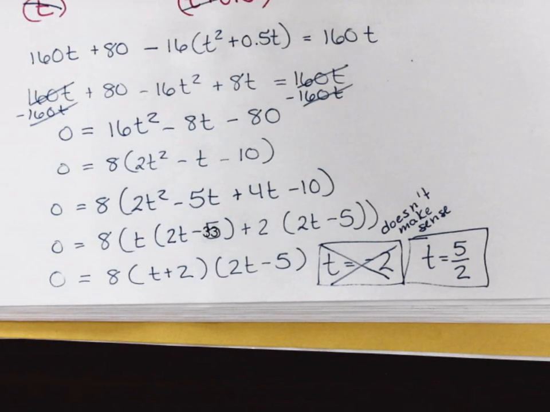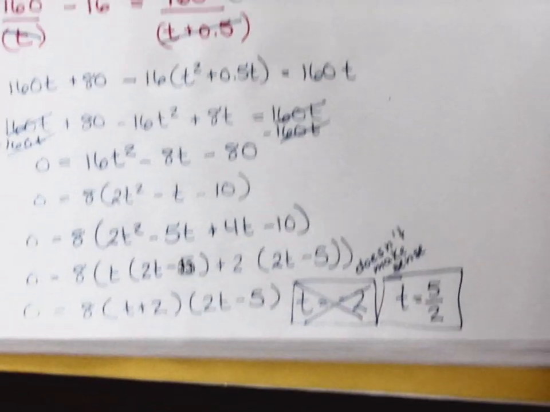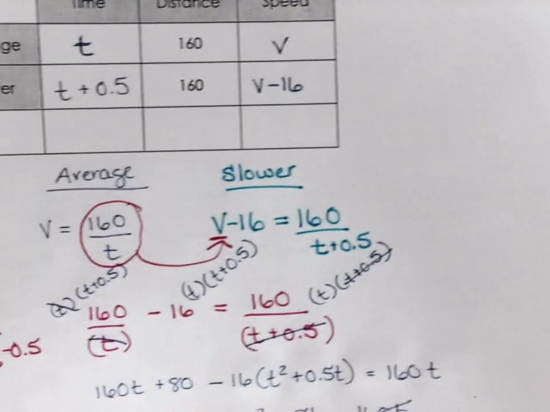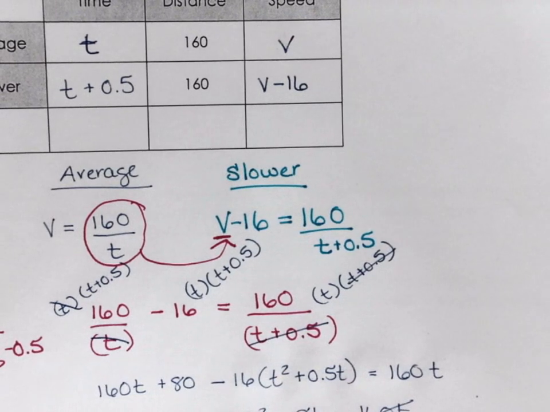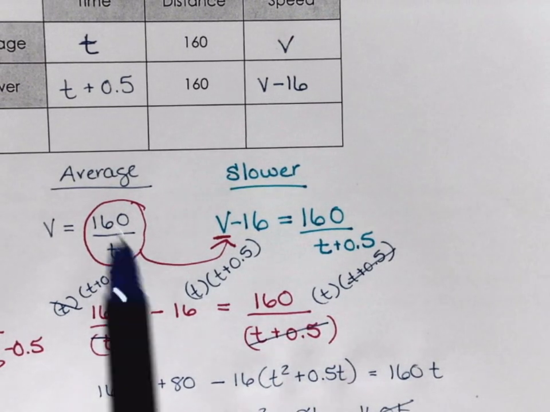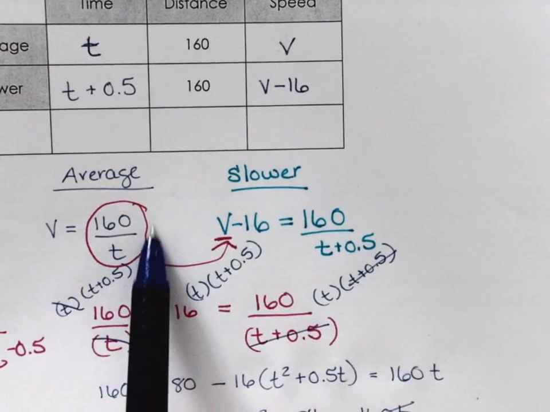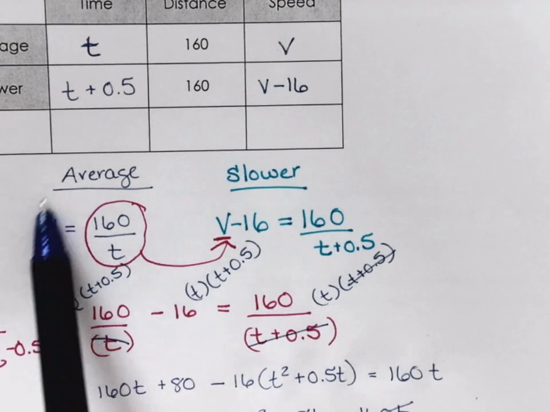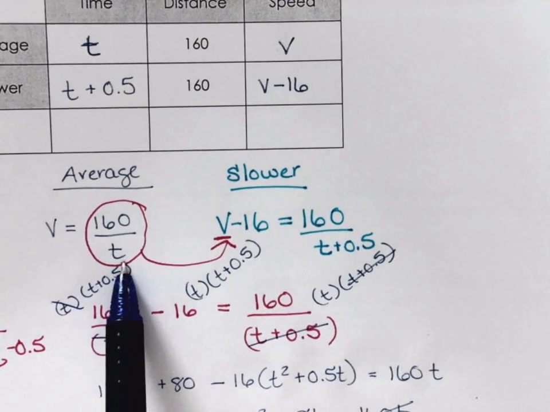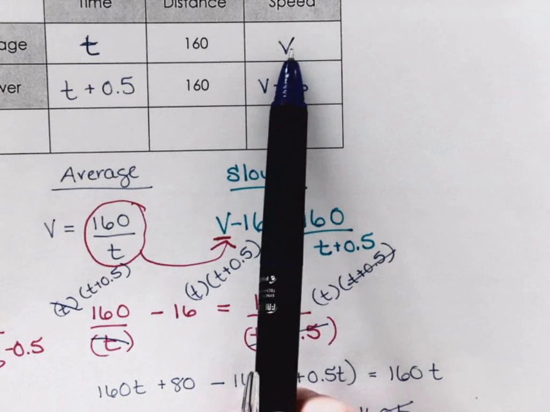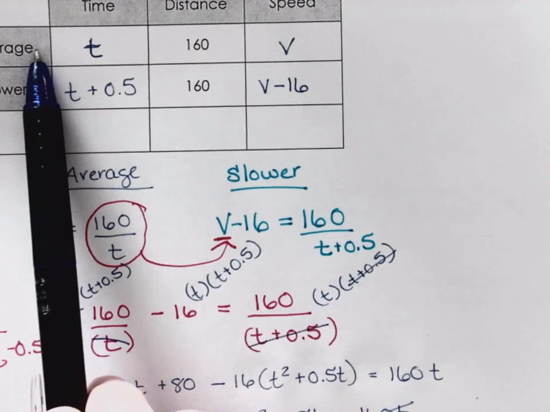What does the question ask me to solve for, ladies and gentlemen? Average speed. So what did I solve for? Time. So I'm going to slide up here for a second. We made an equation that would find us our average speed: V equals 160 over T. We also said that V represents the average speed.